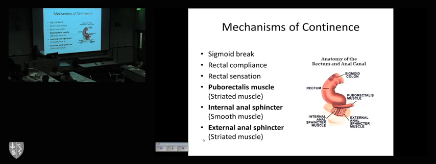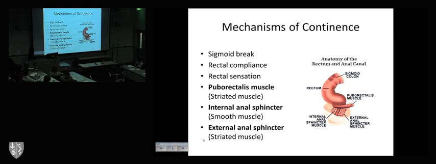So the rectum is supposed to be able to stretch and allow the stool to remain in the rectum without causing extreme urgency. People who've had radiation to the rectum can have decreased compliance, or any type of surgery in that area. Rectal sensation: if you have rectal hyposensitivity, so you're not feeling the stool when it's there, then the stool will overcome the pressure of the anal sphincter and lead to incontinence.